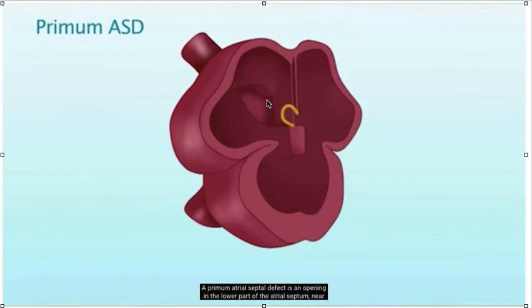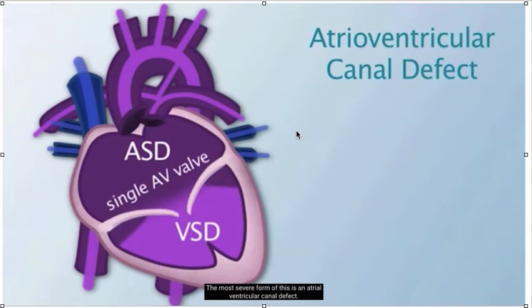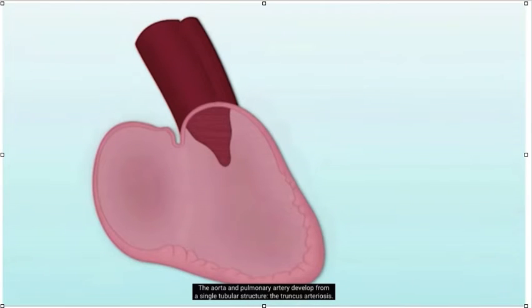A primum atrial septal defect is an opening at the lower end, near the tricuspid and the mitral valve, resulting from a problem in the growth of the endocardial cushion tissues. And a defect over here is associated with a defect in the mitral valve as well as the tricuspid valve. Right? So this is the atrioventricular canal defect, with the atrial septal defect and the ventricular septal defect.